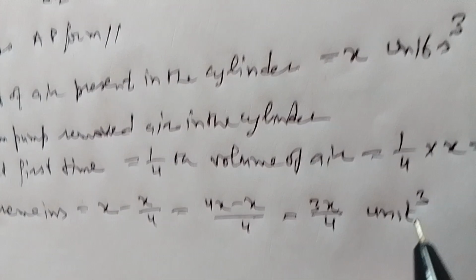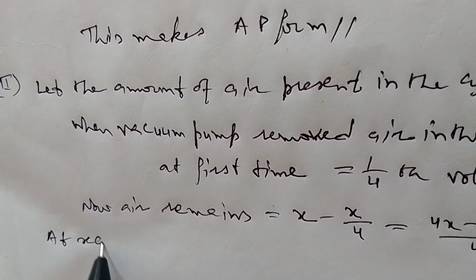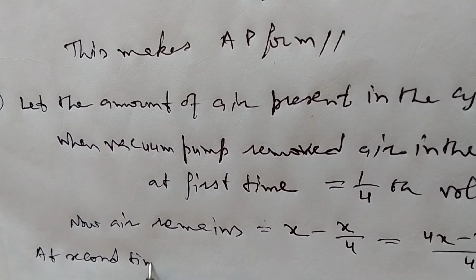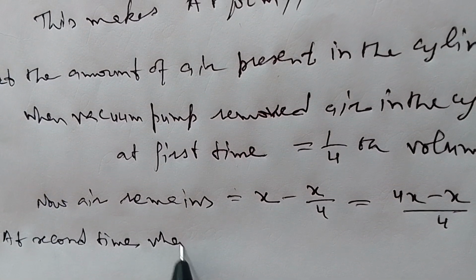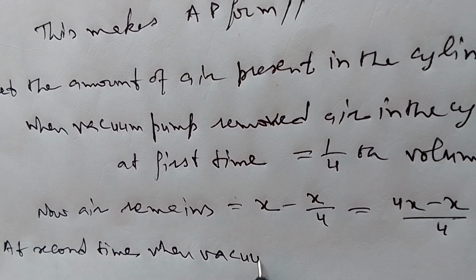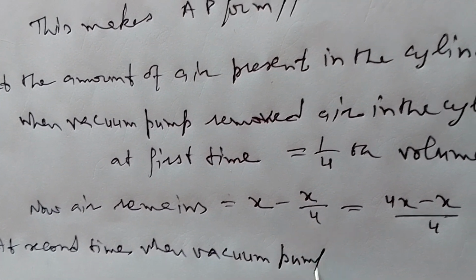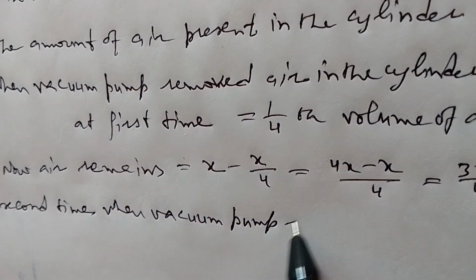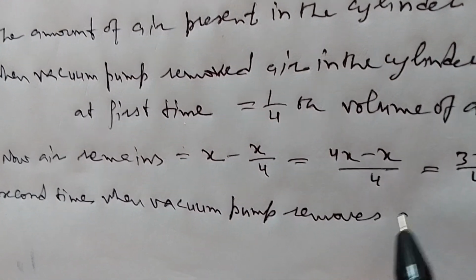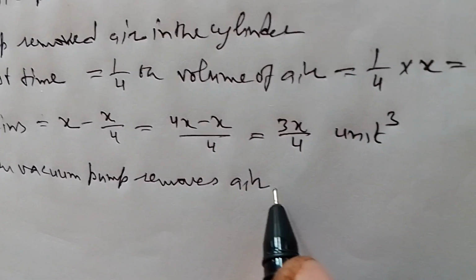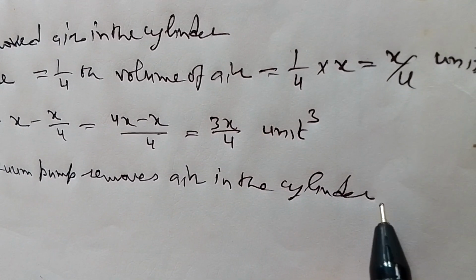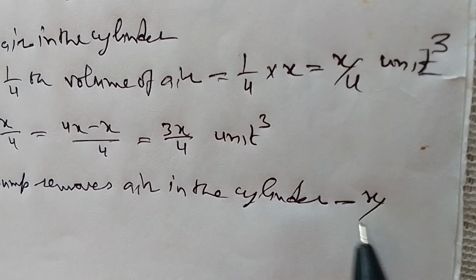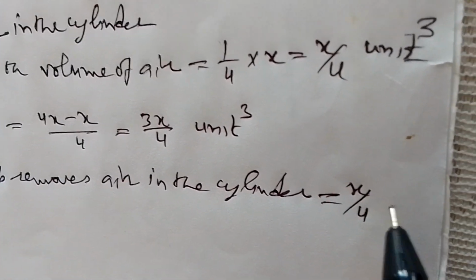Then the second time, when the vacuum pump removes air in the cylinder, it is equal to x by 4 unit volume.